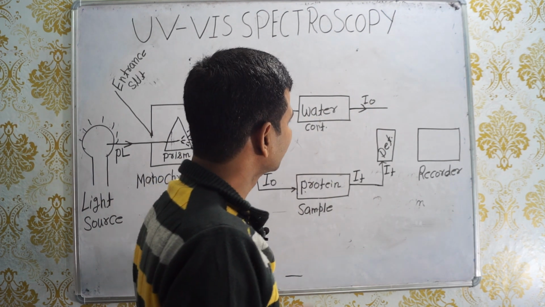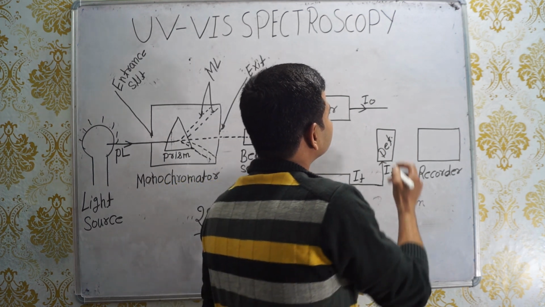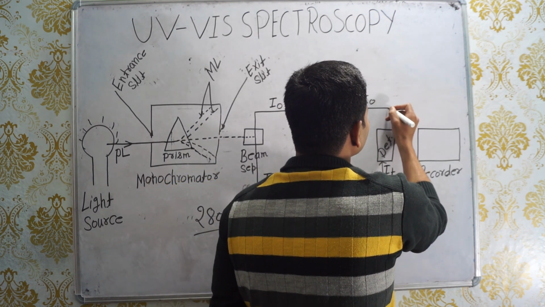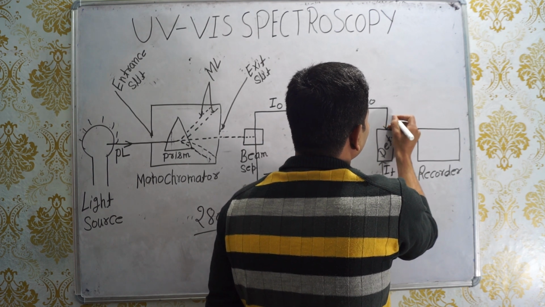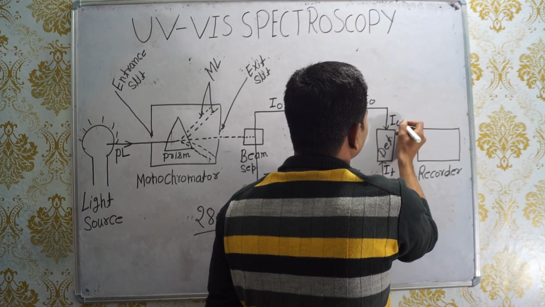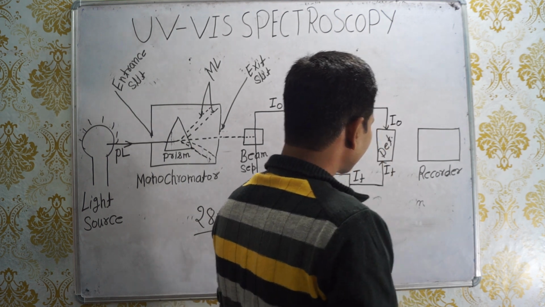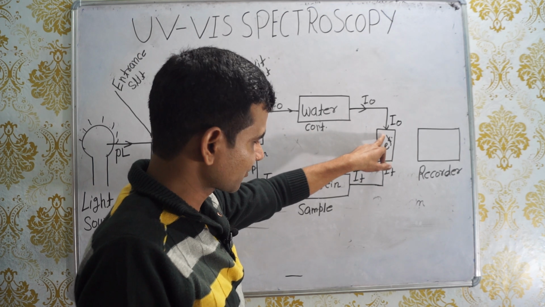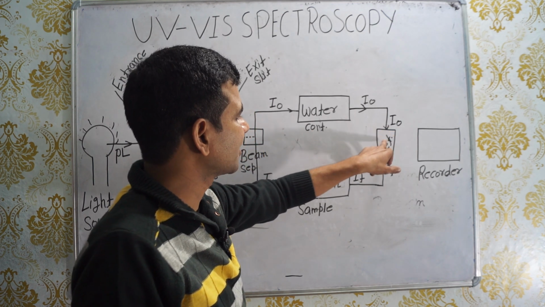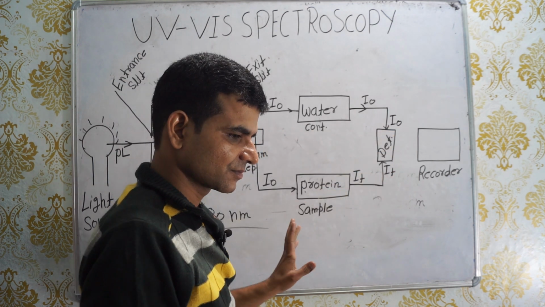Okay, got it? Now this same part of light will go to the detector, that is I naught. Finally, the detector has received two types of light, first I naught, second IT.